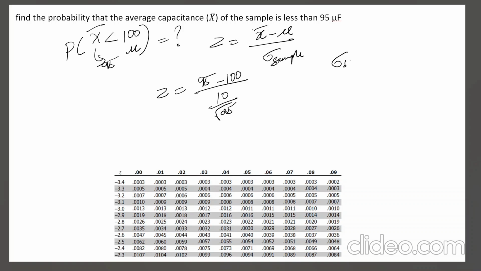As we know, sigma sample is equal to the population standard deviation divided by root n. So here the left side is minus 5 divided by 2, which is minus 2.5.